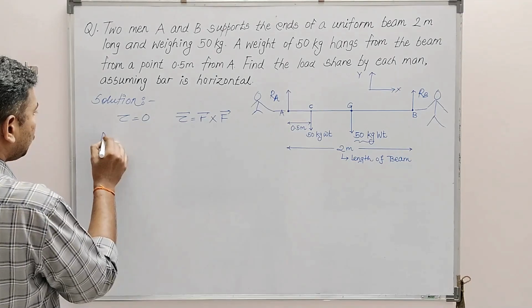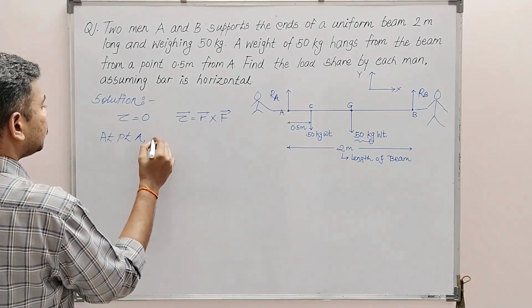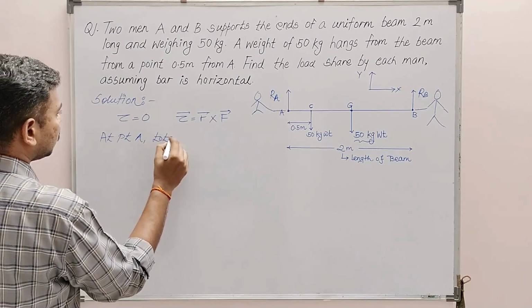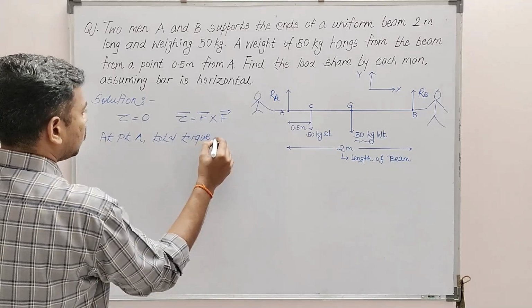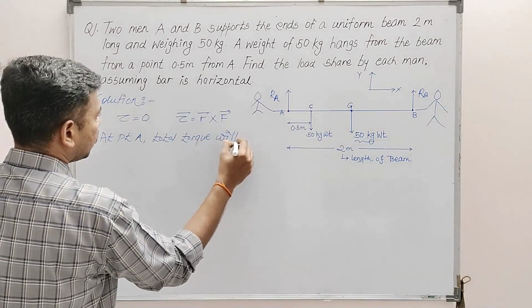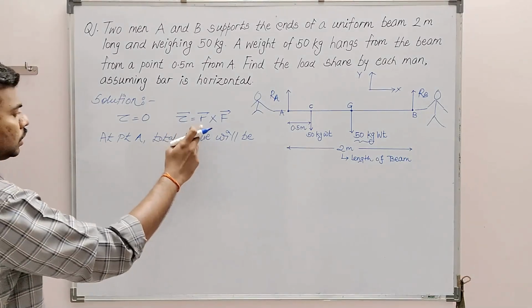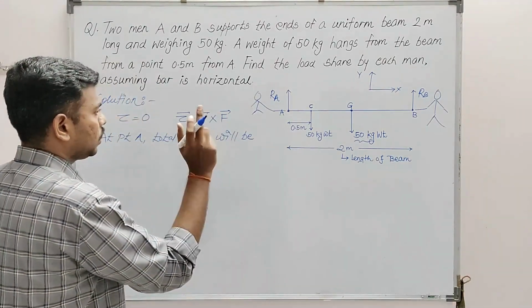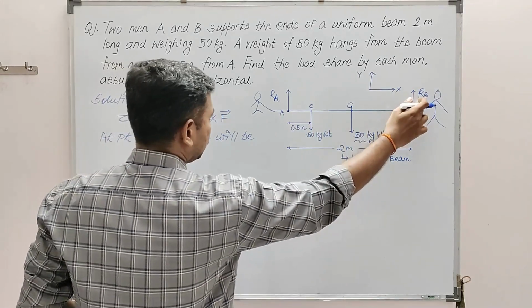So at point A, the total torque will be, now in this case we have to write one equation based on the generalized formula, torque is R cross F. Now the forces are, this is one force, this is another force and this is one force.